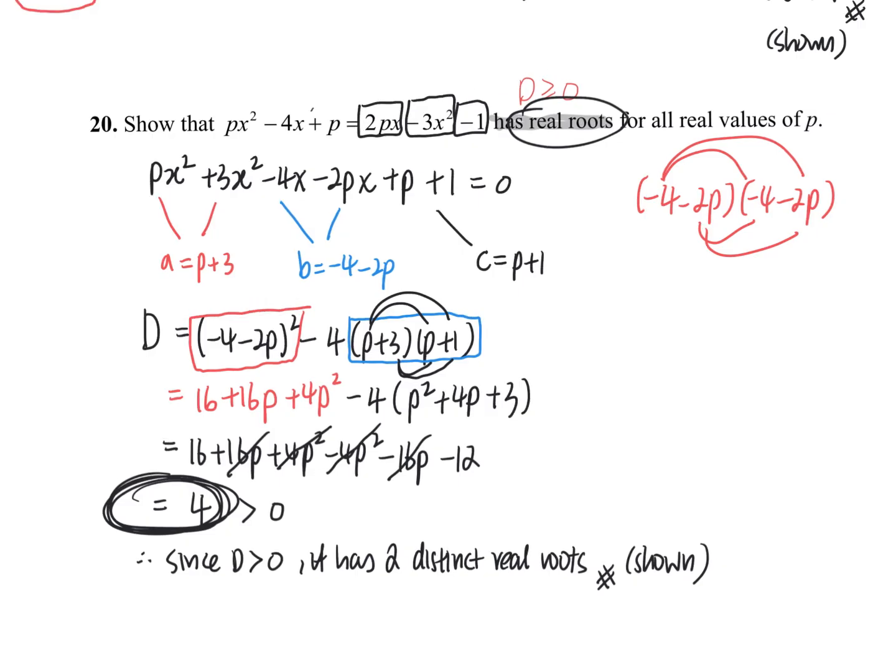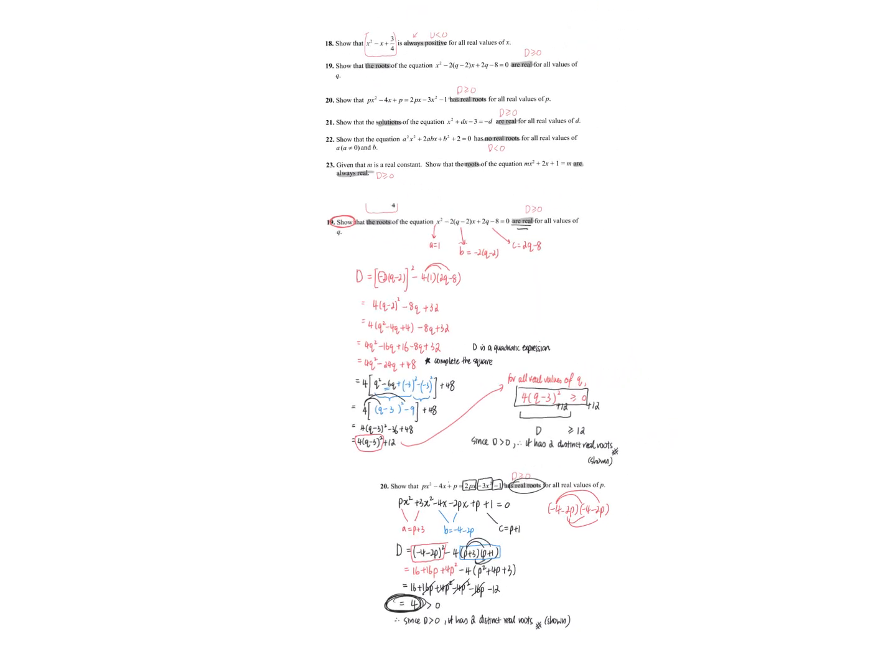Okay, I hope you are slowly getting a hang of things. Let's look at 21. Same thing. They say, can you show that the solutions of the equation are real? So, first thing, no matter what you do, make sure you tidy up your quadratic expression first.